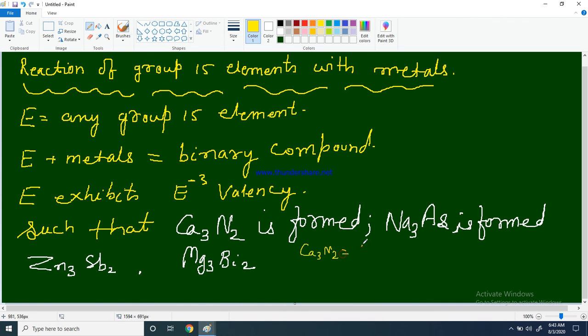Ca3N2 is called calcium nitride. The suffix "ide" is used when there is no oxygen in the anion. Na3As is sodium arsenide.